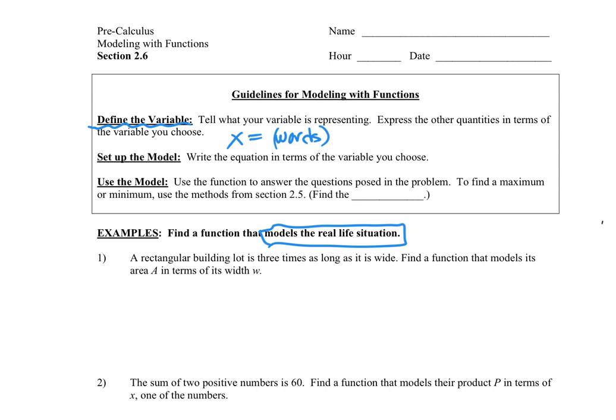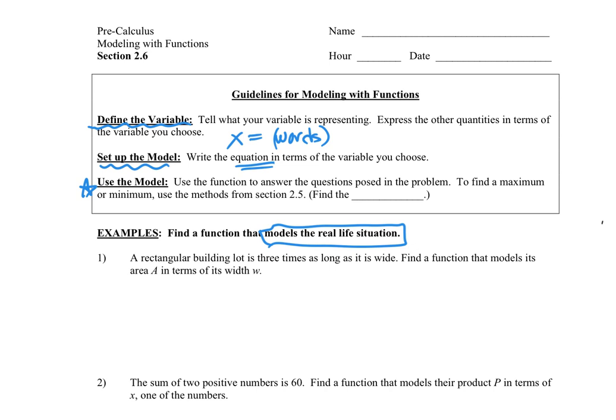Then you're going to set up the model, and the model is an equation that's going to be how is your variable related to everything else, like what would make sense. Sometimes it's an area equation, sometimes it's a volume equation, sometimes it's something totally different. Then you're going to use that model in order to answer the question.